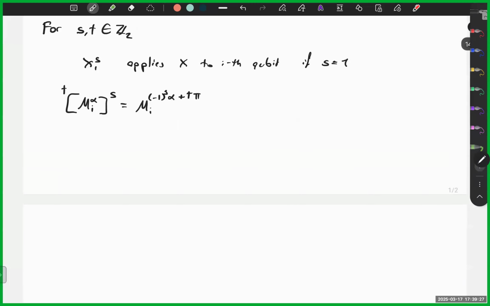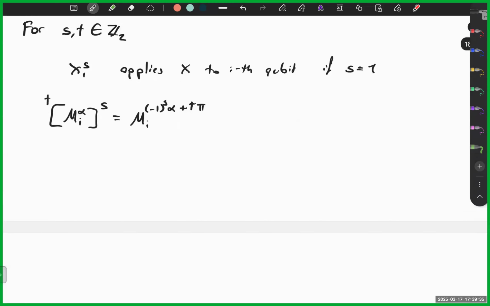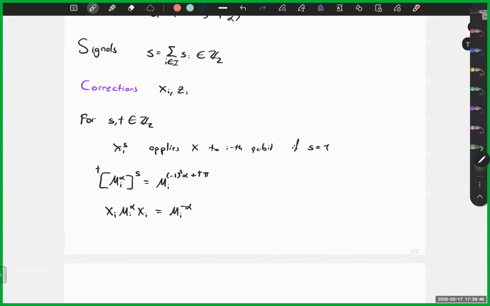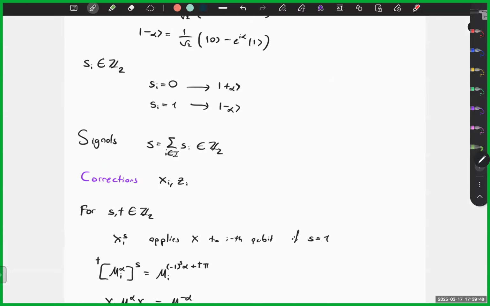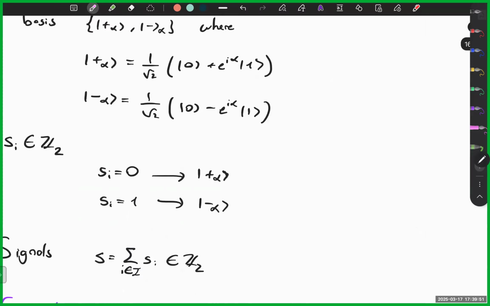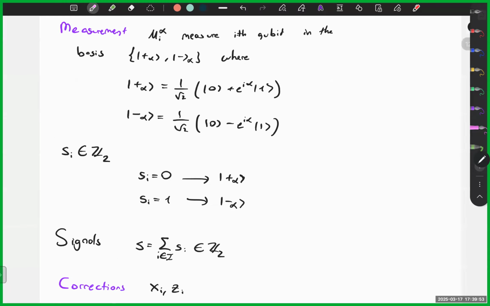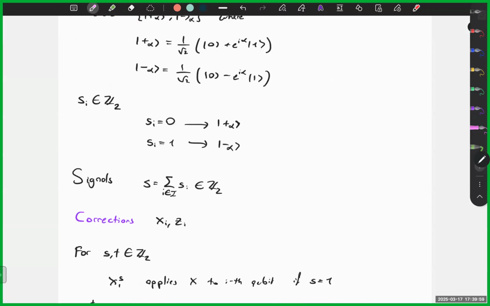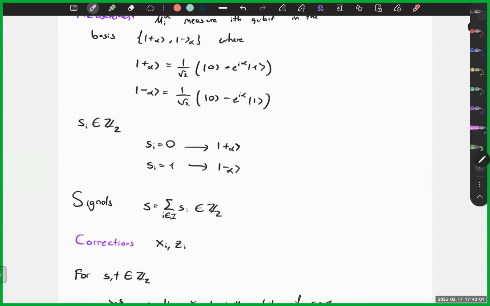So they arise from the conjugations of measurements by X and Z. We have the following relations. X_i M_i^alpha X_i is equal to M_i^(-alpha). We can see that from the definition of those bases, because X just swaps 0 and 1, so we get the opposite alpha, since the states are equivalent up to overall phase.